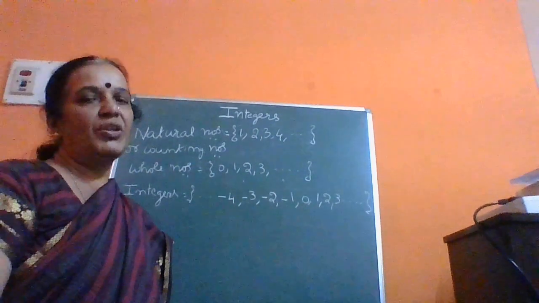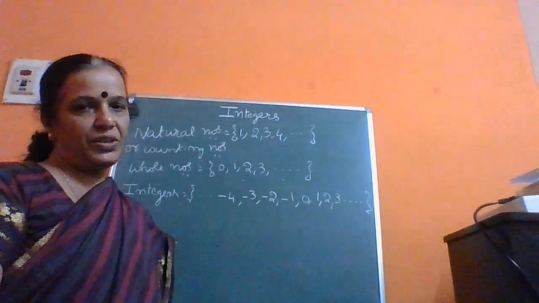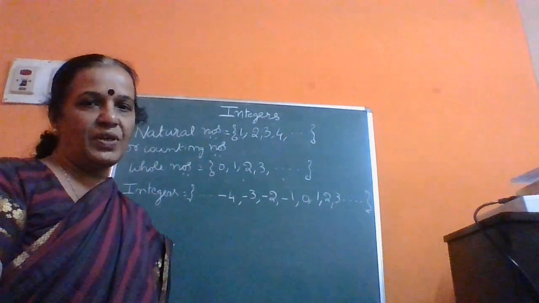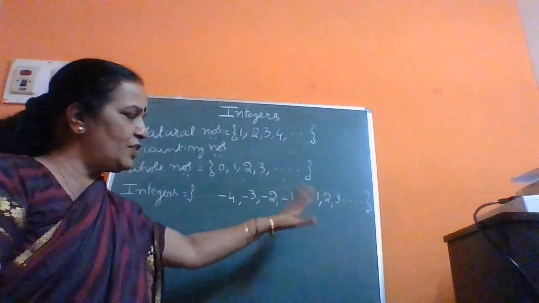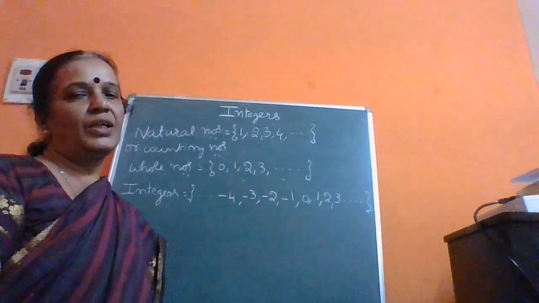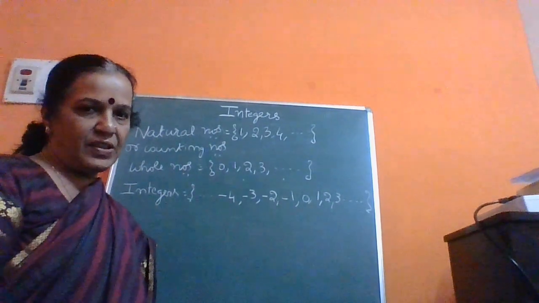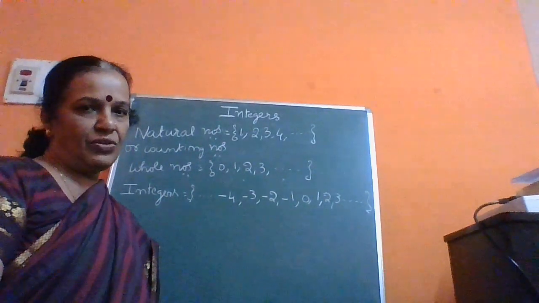0 comes in between. All the positive numbers come towards the right side of 0 and all the negative numbers come towards the left side of 0.